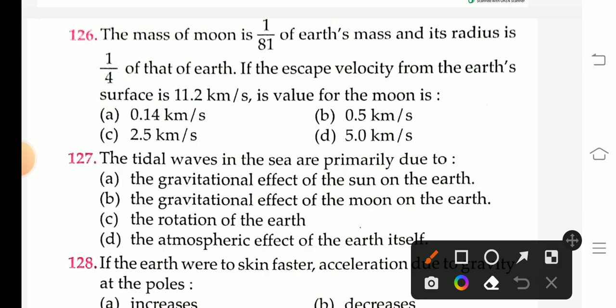If the escape velocity from the Earth's surface is 11.2 km per second, its value for the moon is 2.5 km per second. The tidal waves in the sea are primarily due to the gravitational effect of the moon on the earth.